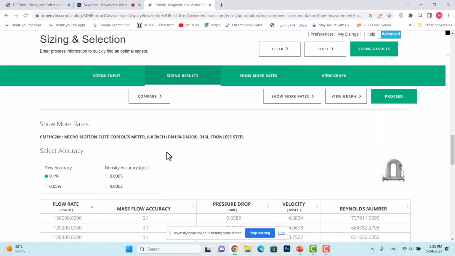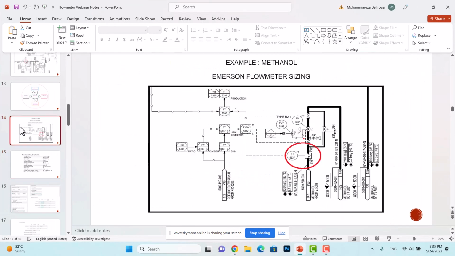I'm not saying that it is the finalized one, because if you look at this one, the flow meter is 4 inches, not 6 inches. And by the way, this flow meter was not supplied by Emerson. It was supplied by other vendors.